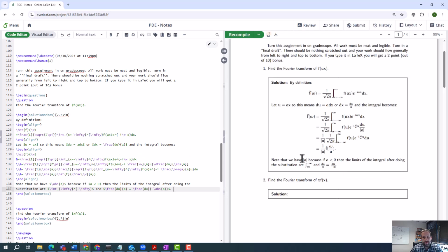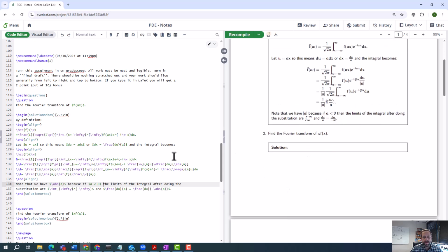Note that we have the absolute value of A because if A is less than 0, the limits of the integral after doing the substitution are this, and du over a is equal to du over minus the absolute value of a. Okay.